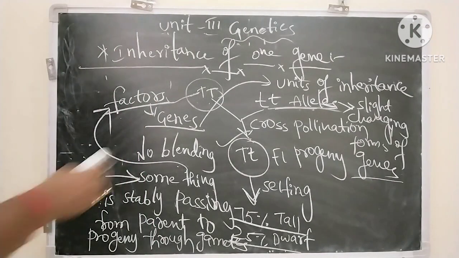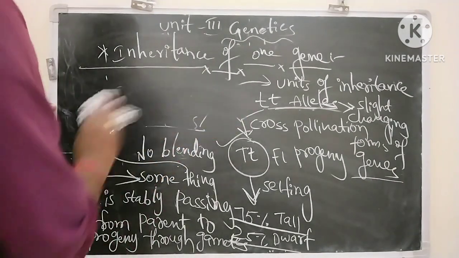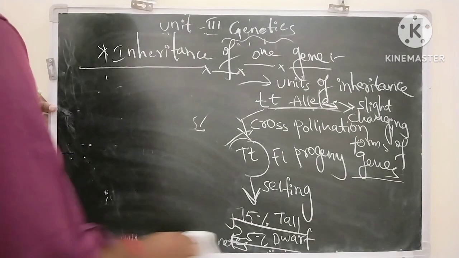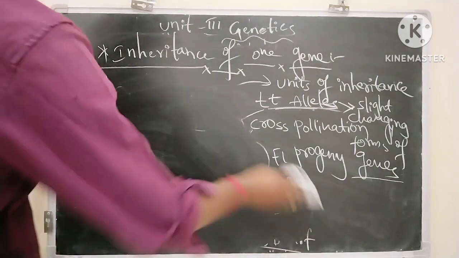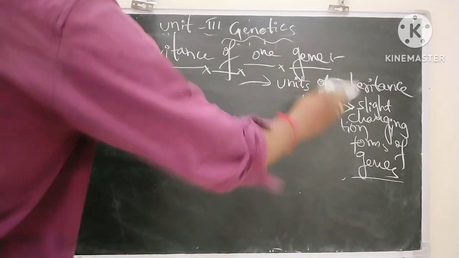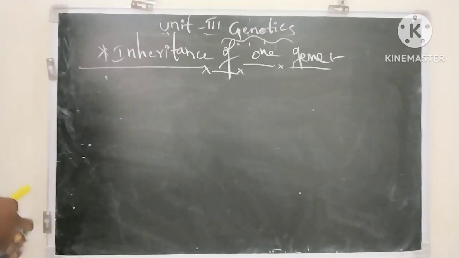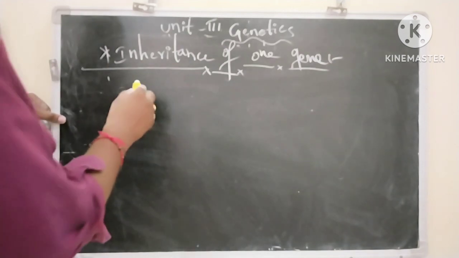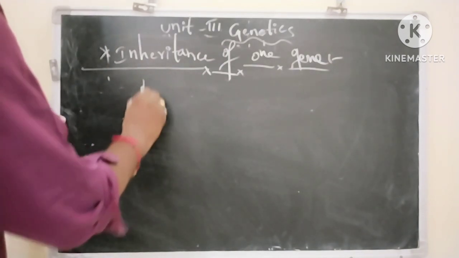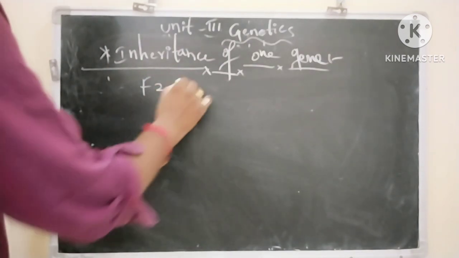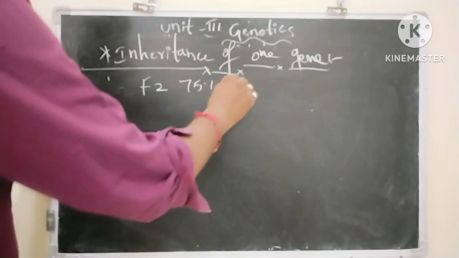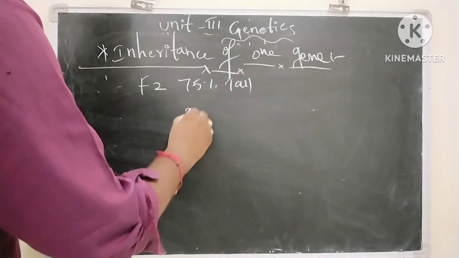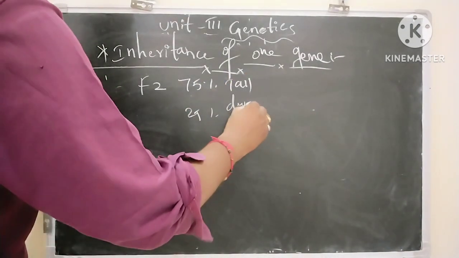Okay, next. A famous person called Reginald C. Punnett suggested a checkerboard, which is also called the Punnett square. Mendel also said that in the F2 generation obtained, 75% is tall and 25% is dwarf.